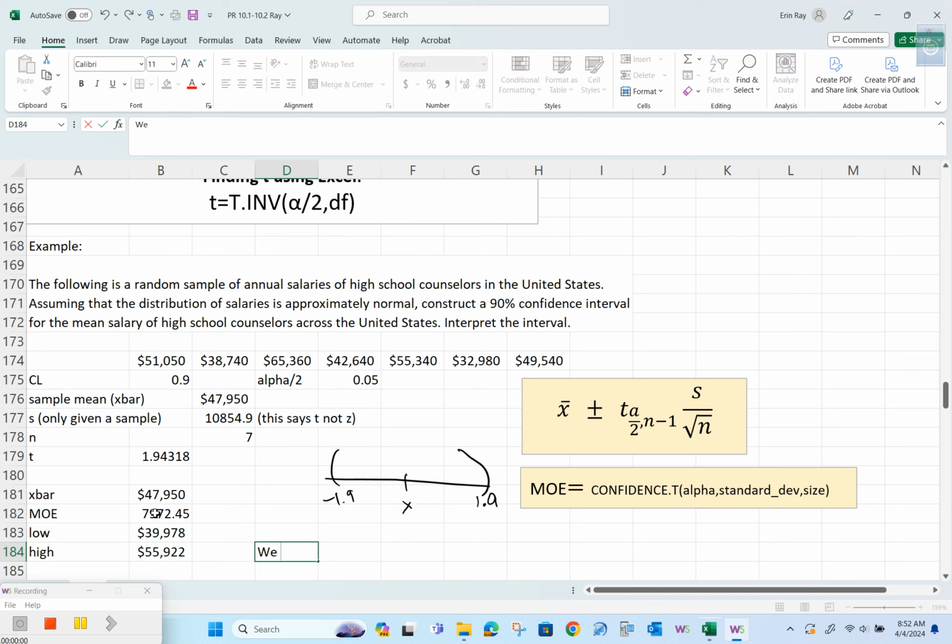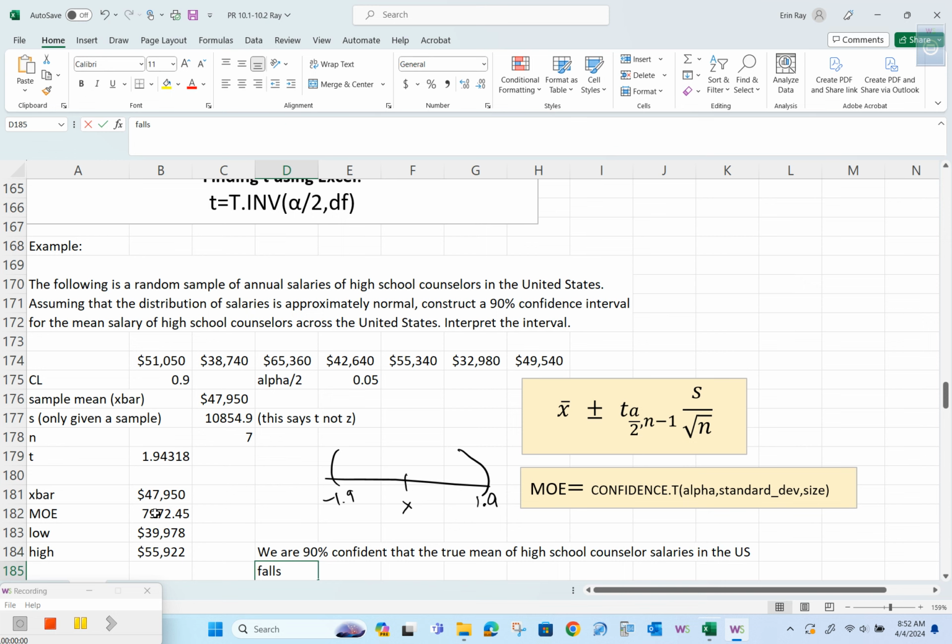So we can say we are 90% confident that the true mean, and this time we do have context, so it's talking about the true mean of high school counselor salaries in the U.S., falls somewhere between my two values that I came up with, the 39,978 and the high value of the 55,922.